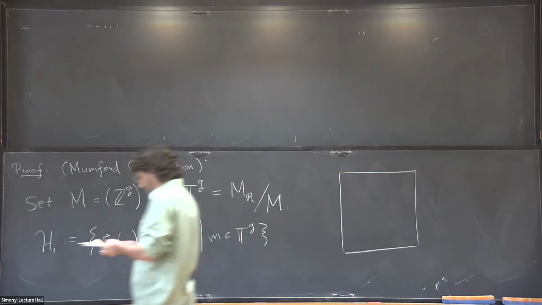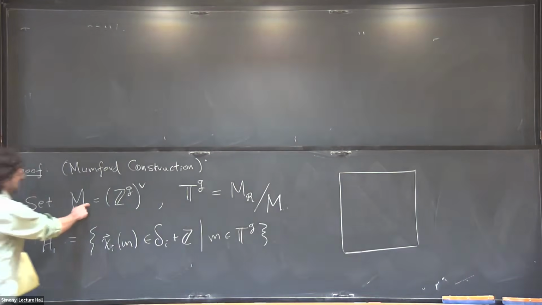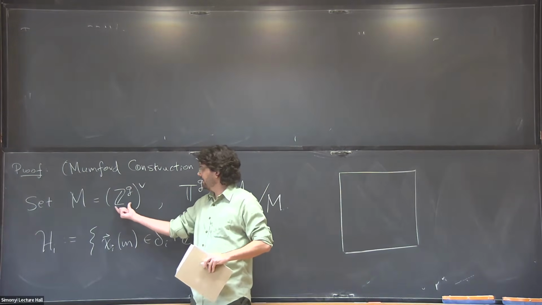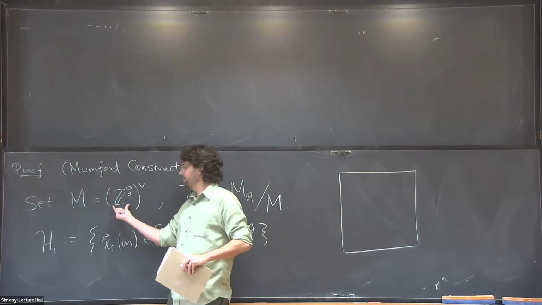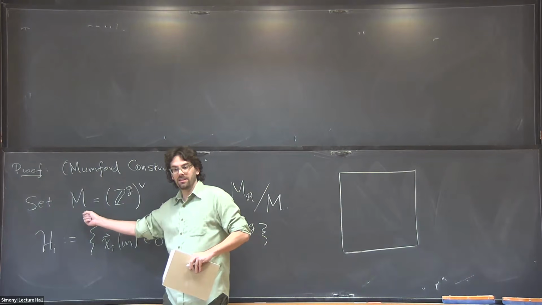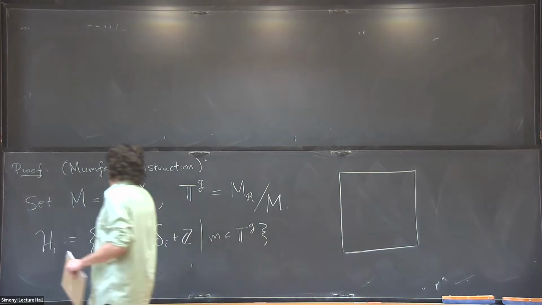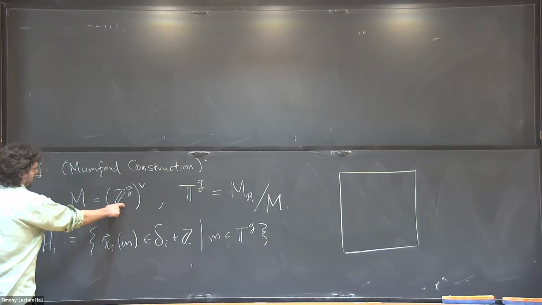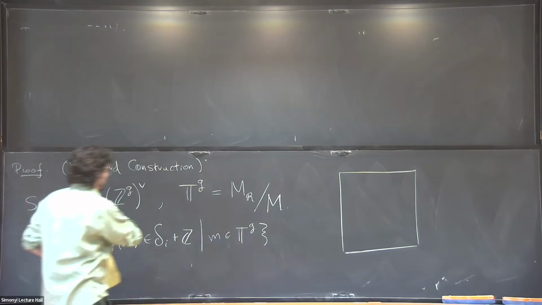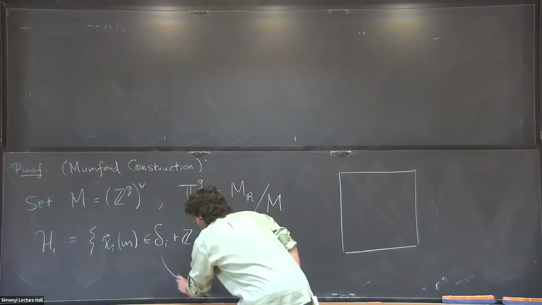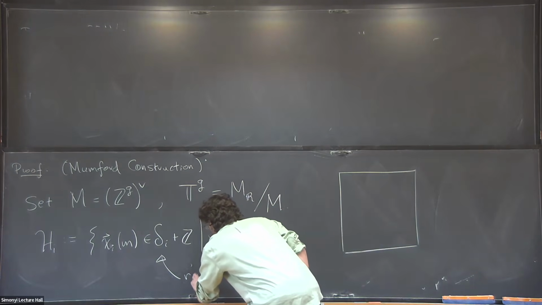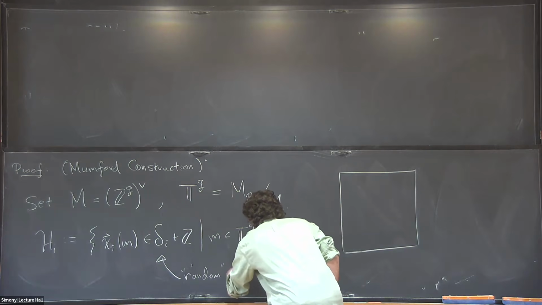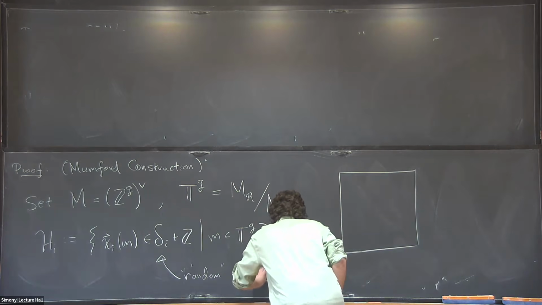Since M is the dual of Z^g, where the elements x_i of our matroid live, the x_i are linear functionals on M. So we take the locus where this linear functional is in a certain coset of Z. This delta_i is a random element of Q mod Z, randomly chosen.